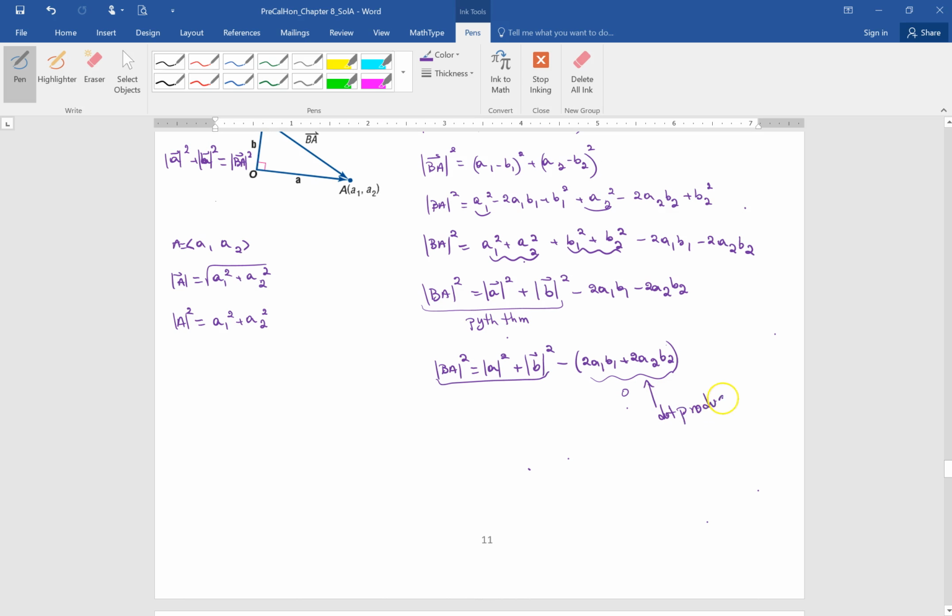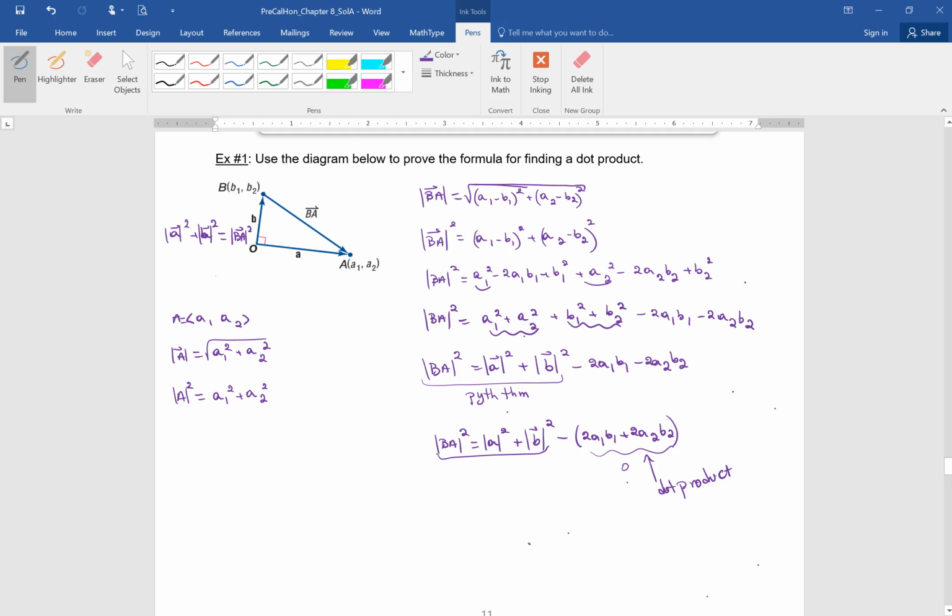All right, so now to further appreciate this, look at this. If you shine a light on vector A this way, and A and B are totally perpendicular, would there be any shadow on B? If A and B were perpendicular, there would be no shadow.